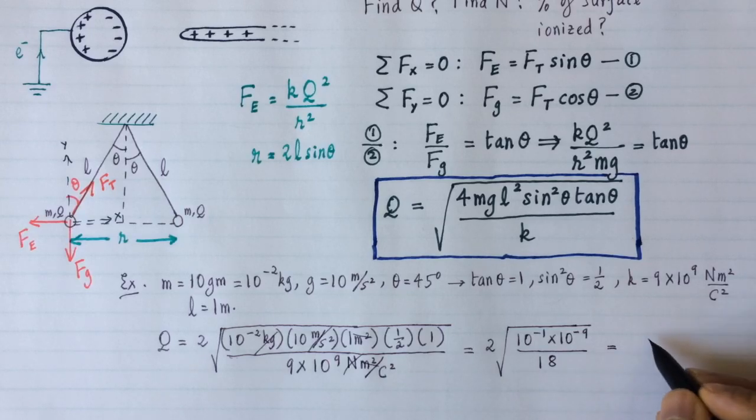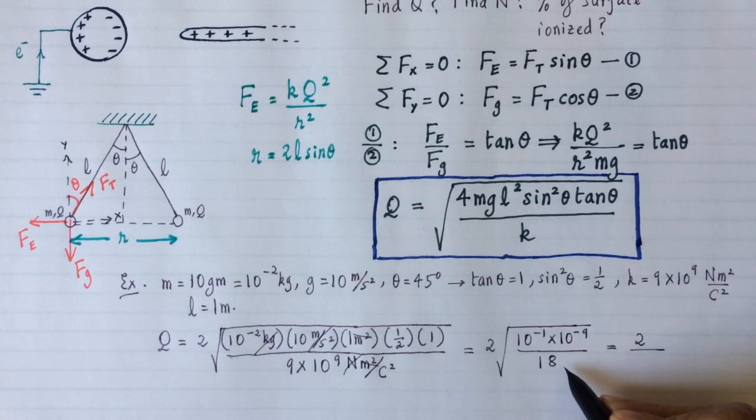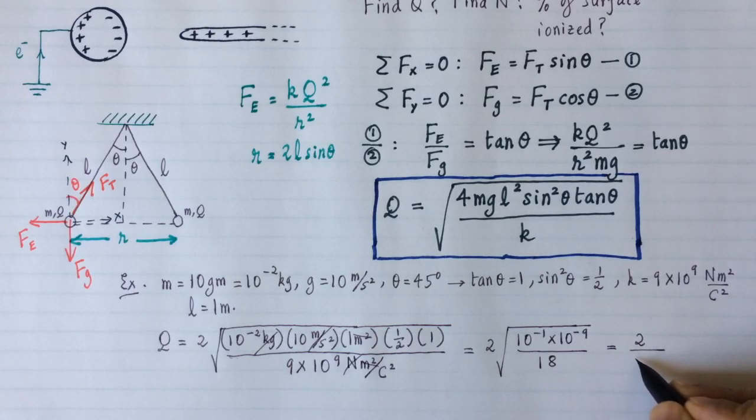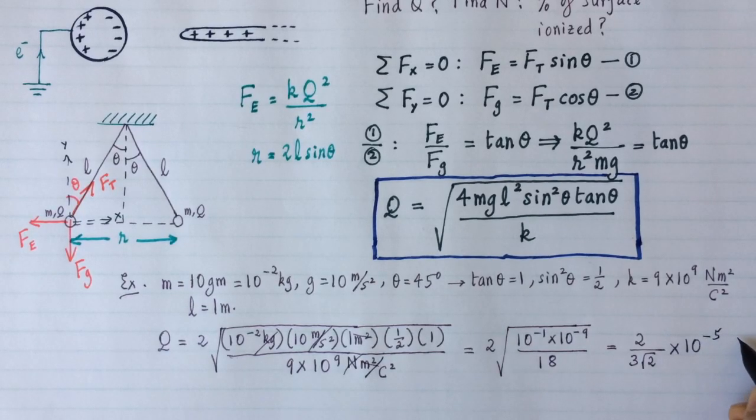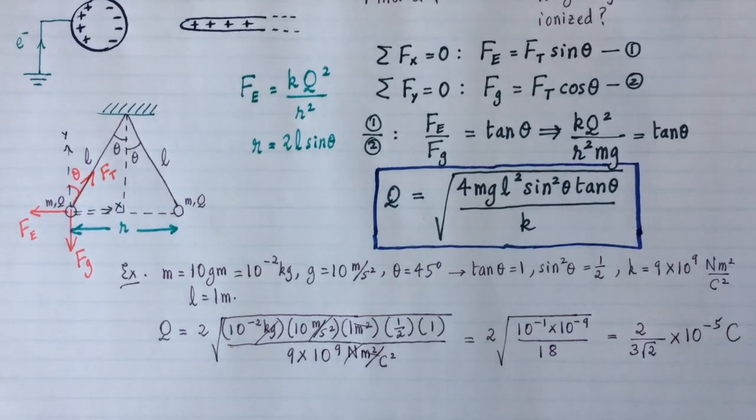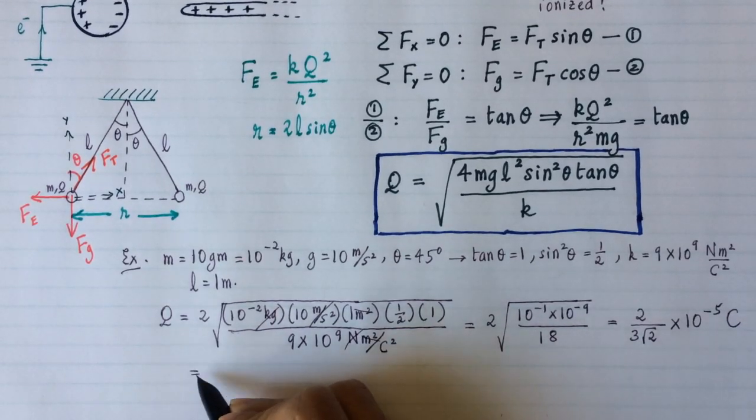So 2 over 18 is 9 times 3. The square root of 9 is 3, and 18 is 9 times 2. And that's 10 to the minus 5 when I take the square root.